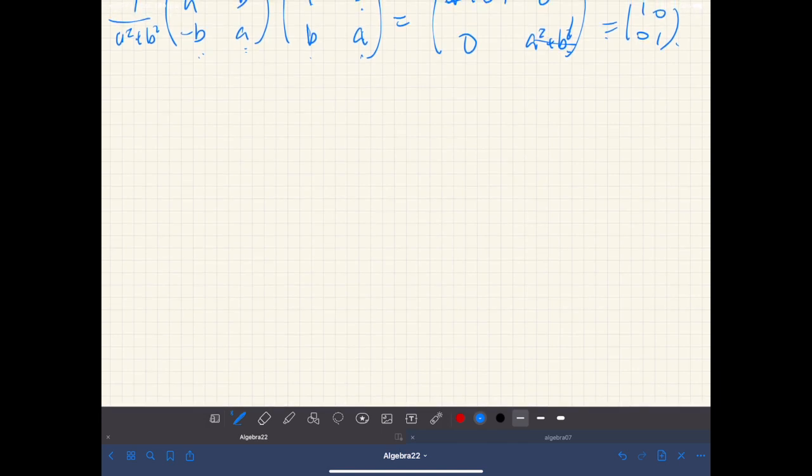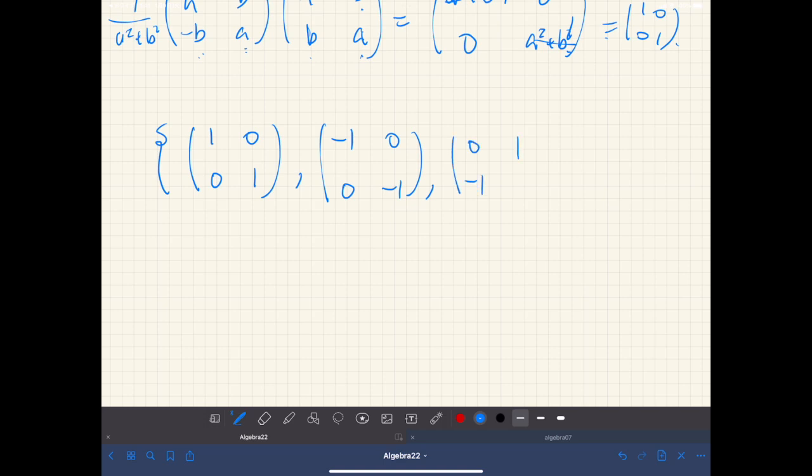Okay. Now consider the subset of G consisting of 4 matrices. 1, 0, 0, 1, that is the identity matrix as we have seen. Negative 1, 0, 0, negative 1, and 0, 1, negative 1, 0, and 0, negative 1, 1, 0.